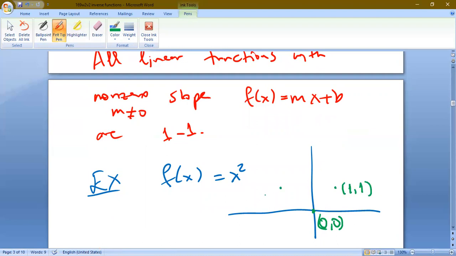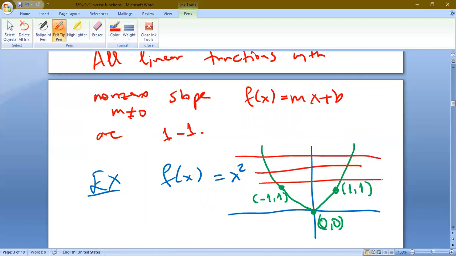But minus 1 squared is also 1, so it's a parabola passing through these 3 points. But very obviously, if you make it intersect with horizontal lines, it intersects more than once. This point, this point, more than once. So this means this function is not one-to-one.